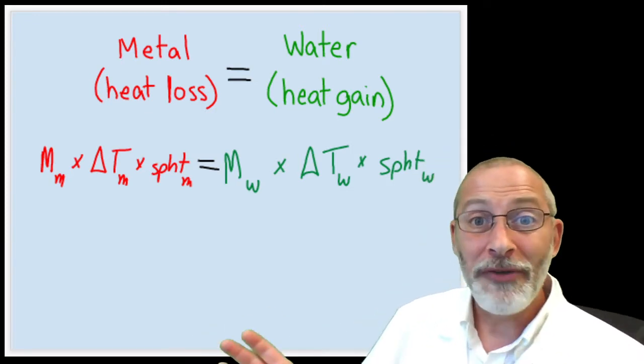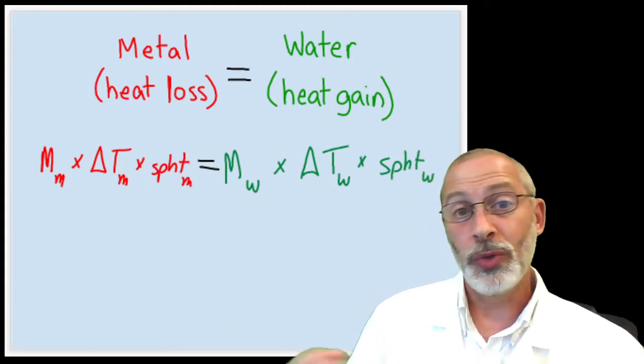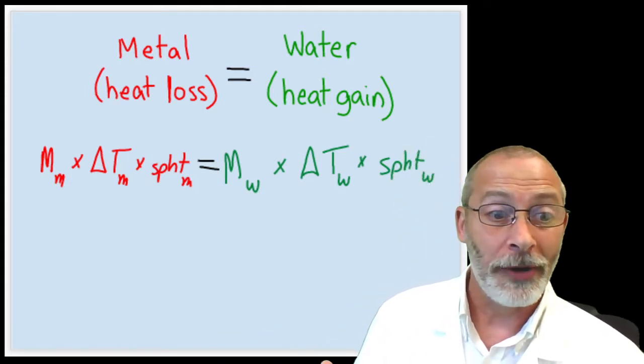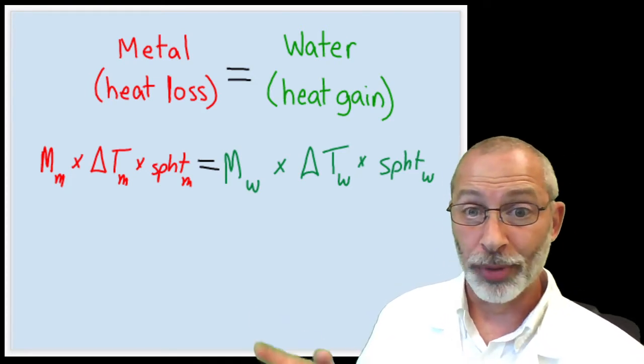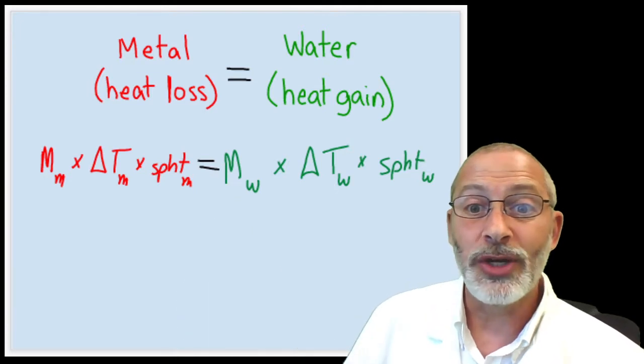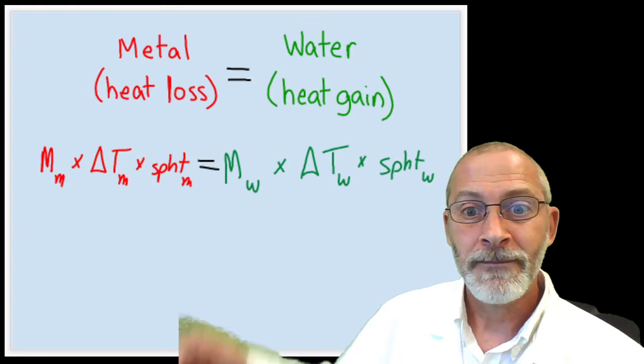And so before we even begin, let's do it mathematically so that we know what we need to be looking for. So mathematically, using a little bit of algebra, we can rewrite this equation solving for the specific heat of metal.